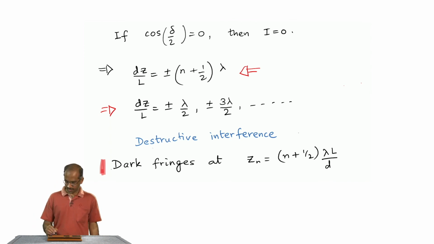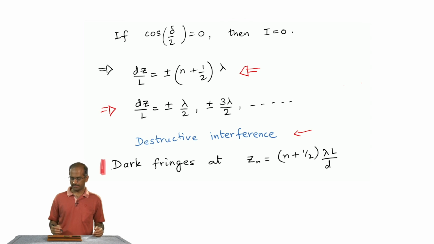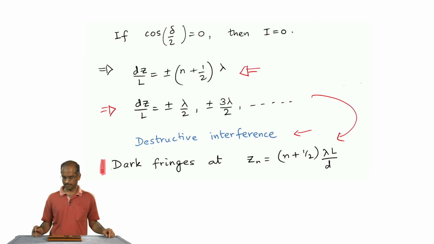And like we did earlier, you can now write out an expression for where I can observe a dark fringe. So, Zn will be observed at n plus half times lambda L divided by d, n is all integers.